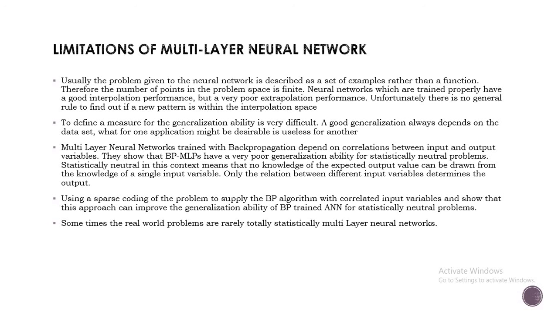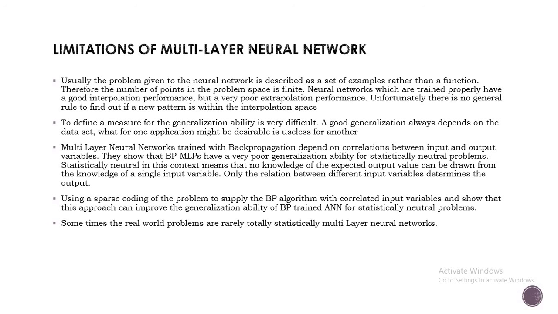Statistically neutral in this context means that no knowledge of the expected output value can be drawn from the knowledge of a single input variable. Only the relation between different variables determines the output. Using a sparse coding of the problem to supply backpropagation with correlated input variables can improve the generalization ability of backpropagation-trained artificial neural networks for statistically neutral problems.